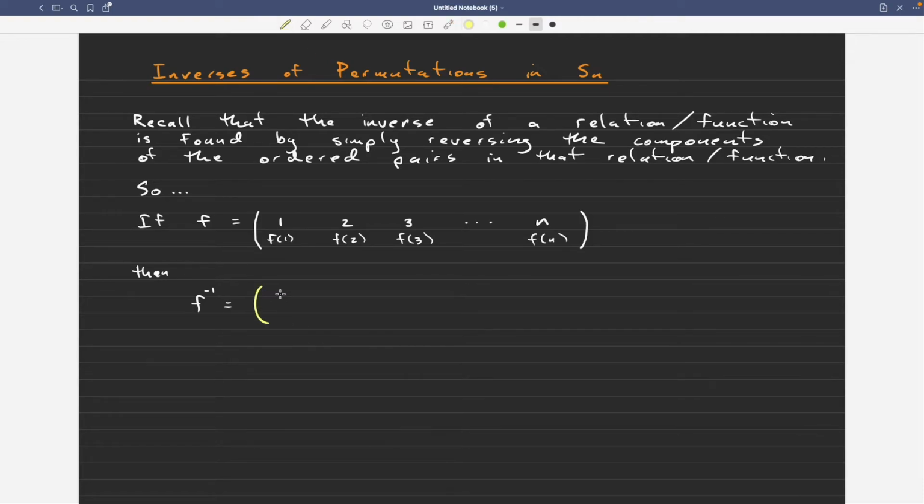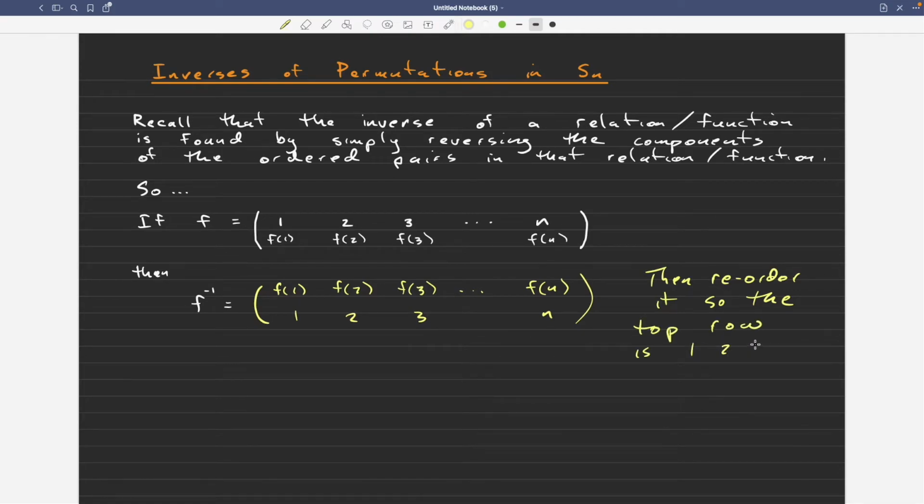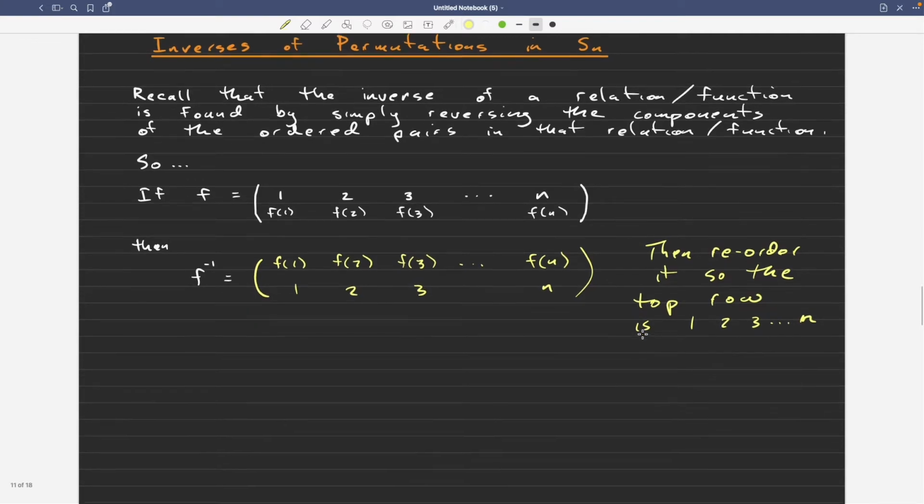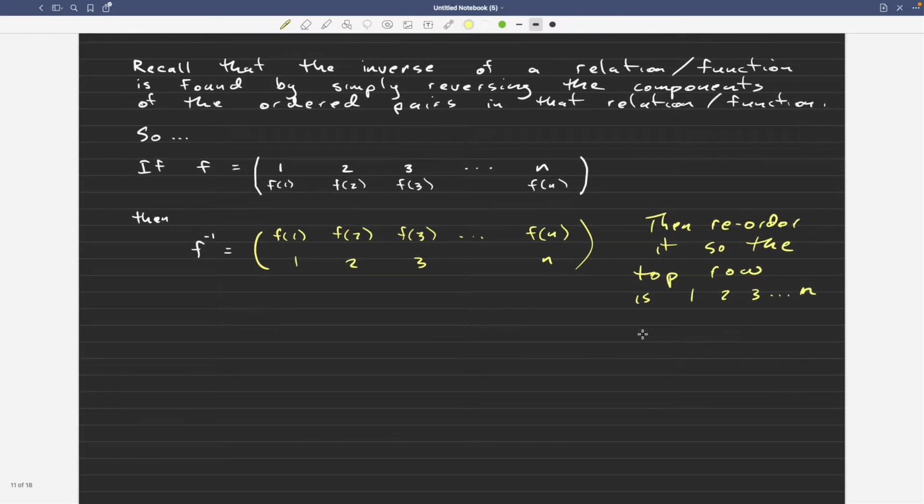So f inverse would be f of 1, f of 2, f of 3, ..., f of m on top, and then 1, 2, 3, and so on below. And then you want to reorder it so the top row is 1, 2, 3, ..., in order. Because after you've swapped it like that, the top row won't be in order, but it's our convention to put the top row in order. It makes the notation a little easier to read.